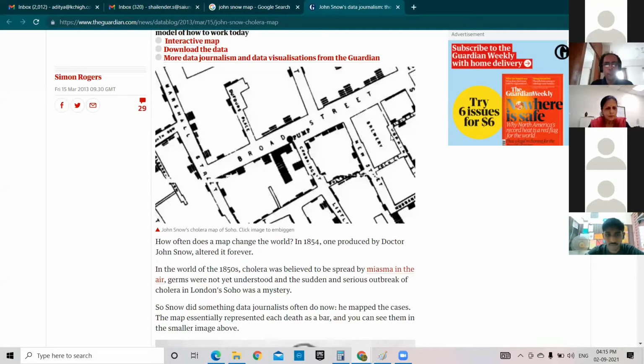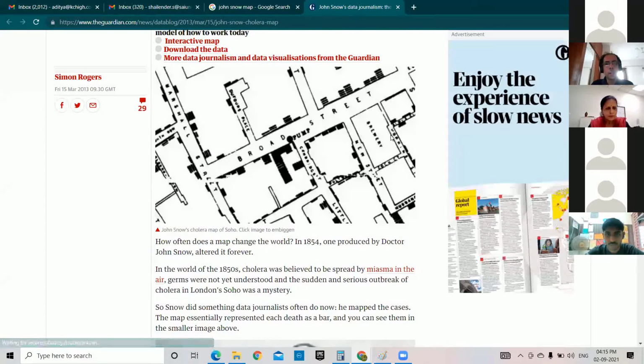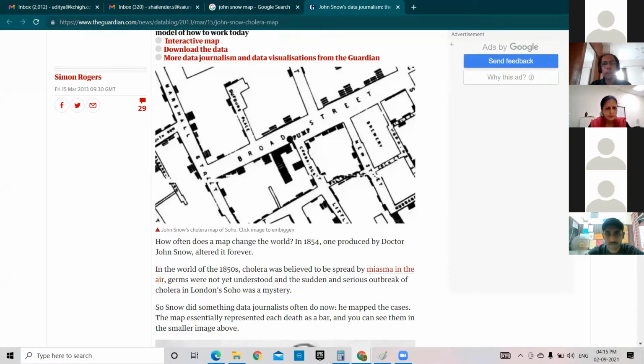So let me now ask a question for which I'm going to wait for an answer. Do you think that this visualization is consistent with the so-called miasma theory of disease, which is that disease spreads through the air?